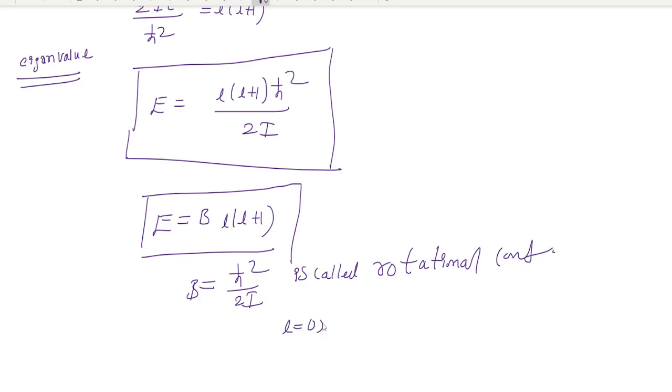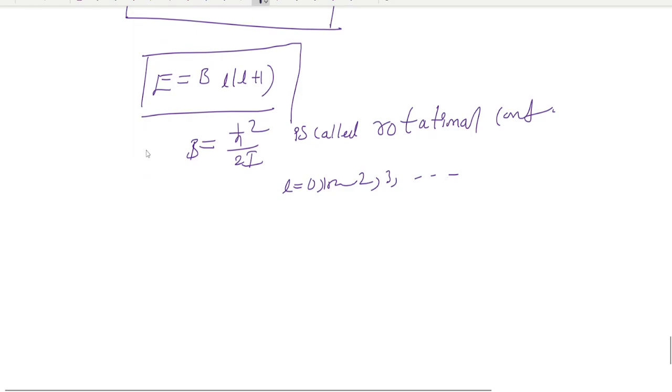Substitute L equal to 0, 1, 2, 3 and so on, and you will get the energy eigenvalues of the system.